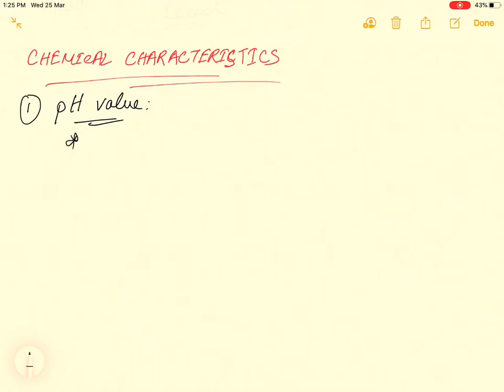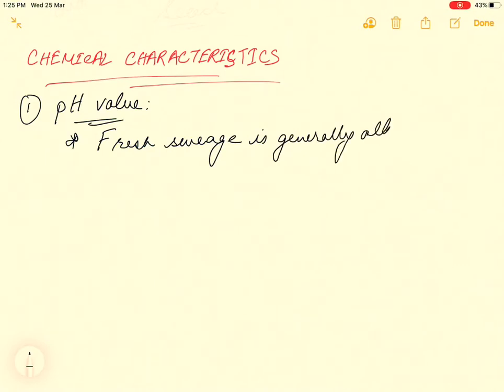Fresh sewage is generally alkaline. Generally the pH value is between 7.3 and 7.5.